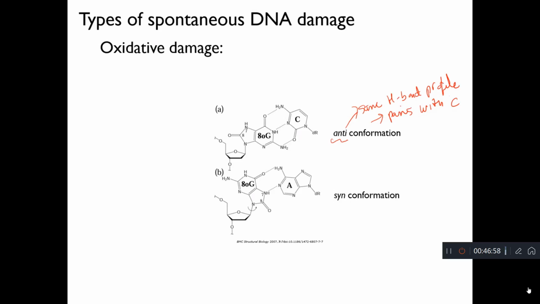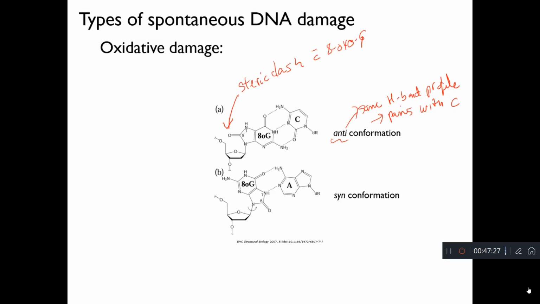However, the presence of the 8-oxo-G introduces a problem. And the problem is simple: it introduces a steric clash with the DNA backbone. And the steric clash is actually right here. So the steric clash with 8-oxo-G.